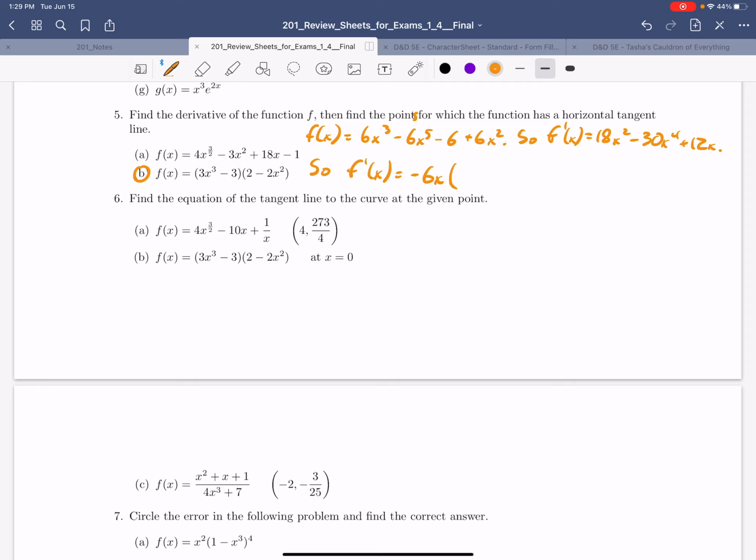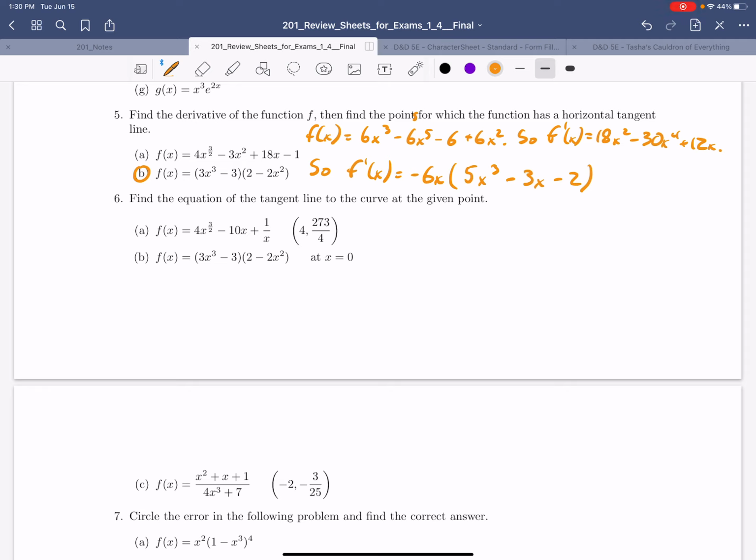It might seem a little weird why I do that, but that way the leading term is going to be positive. I just like the coefficient for the leading term to be positive. So we factor out a negative 6. I think we're going to get 5x cubed, and then the 18x squared is going to become minus 3x, and then that's going to be minus 2. Remember, we're going to be setting this equal to 0.